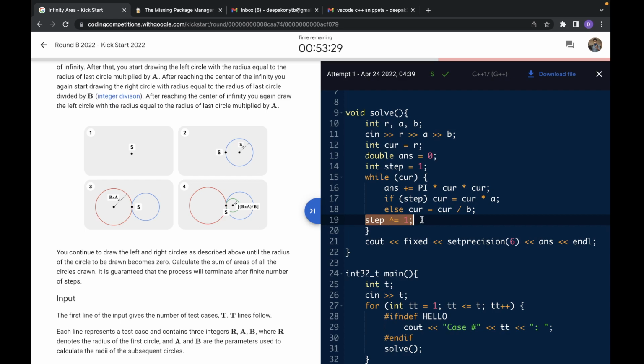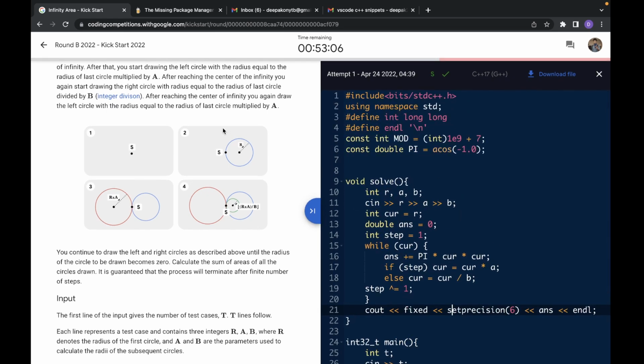And this flag switches every time. So basically you compute the new radius based on this flag, and this loop keeps on happening as long as you have some non-zero radius. And finally, you print your answer with a precision of 6 decimal places. So this was enough to pass the first problem.